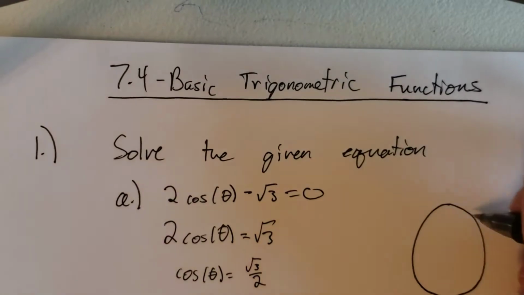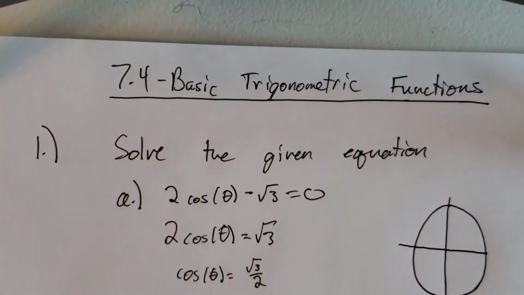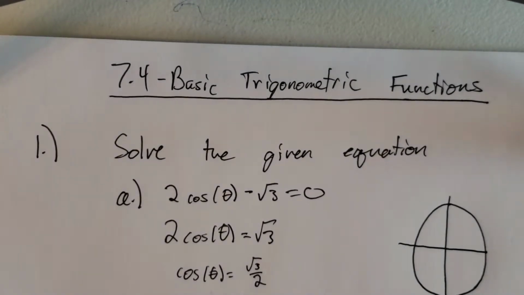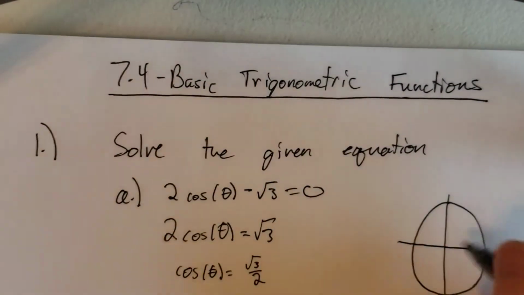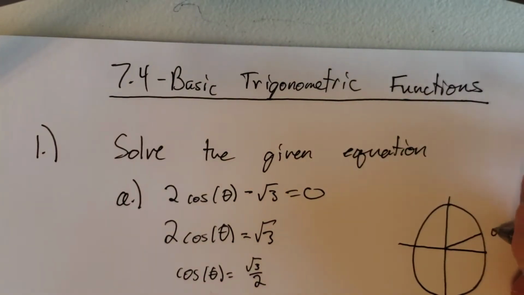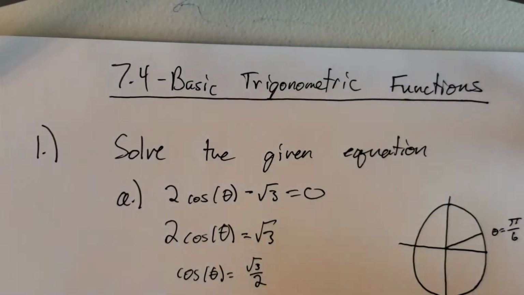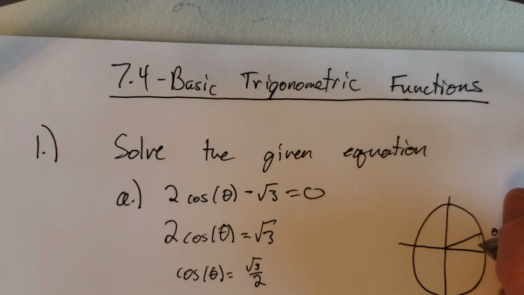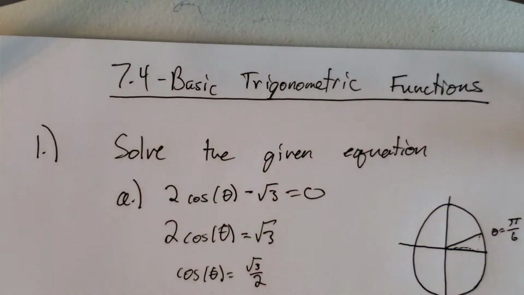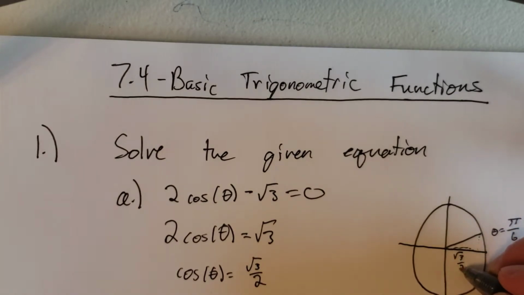You may recall from the unit circle that there are 2 points between 0 and 2 pi which do such a thing. One of those is theta is equal to pi over 6. Again, here the cosine of that, which is the x value, is square root of 3 over 2.